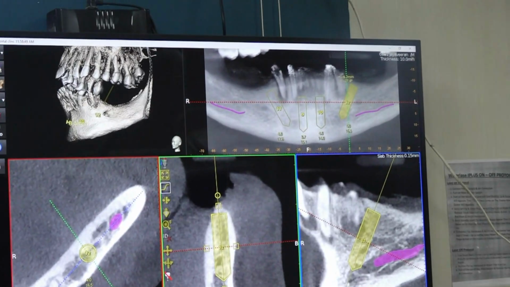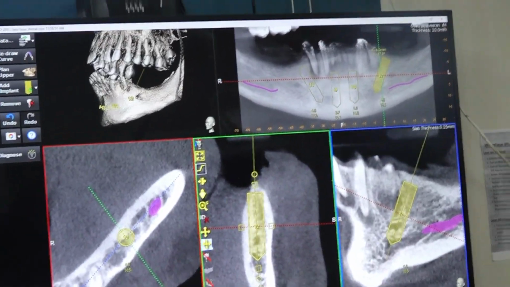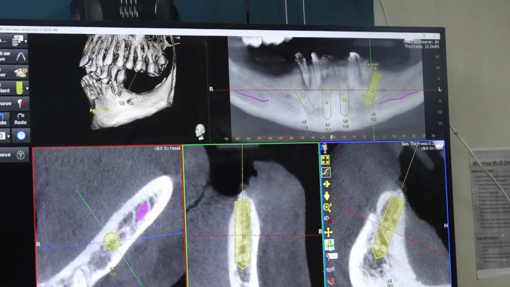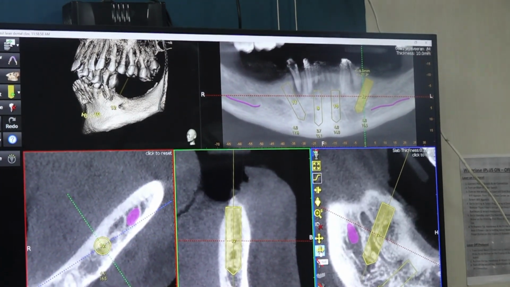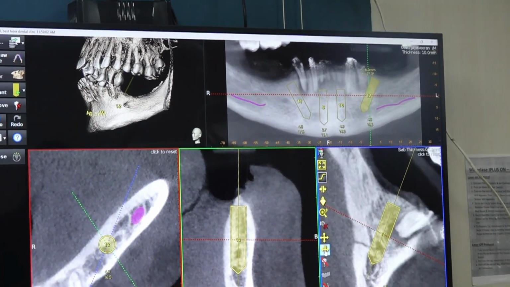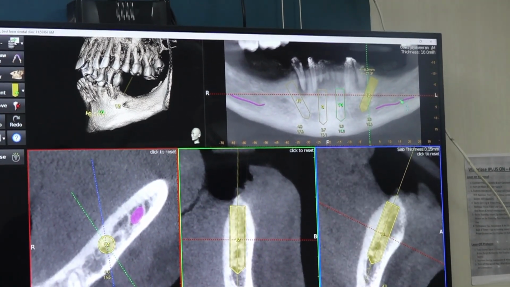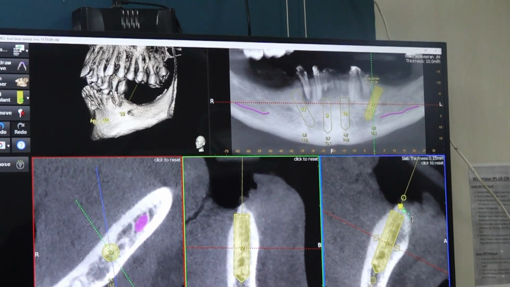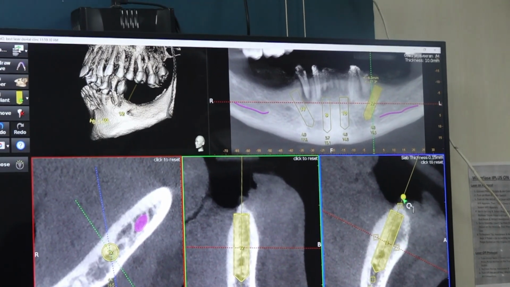This is ideal. We'll say 360 degree. Unfortunately, there is an anterior extension of the inferior alveolar canal also coming. We cannot avoid that.